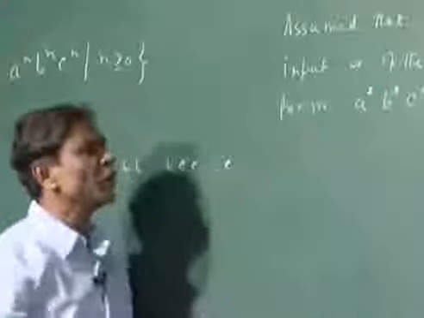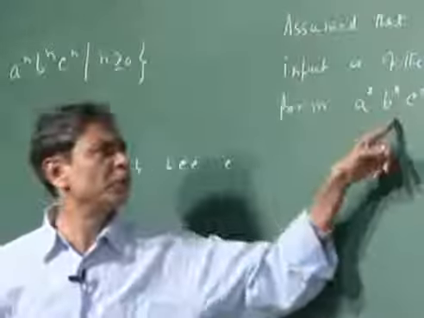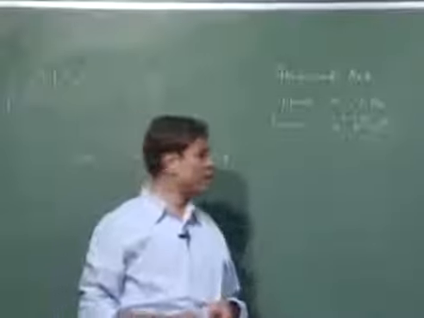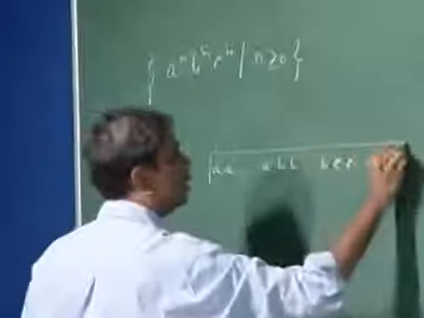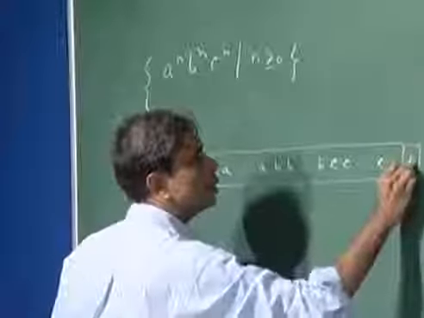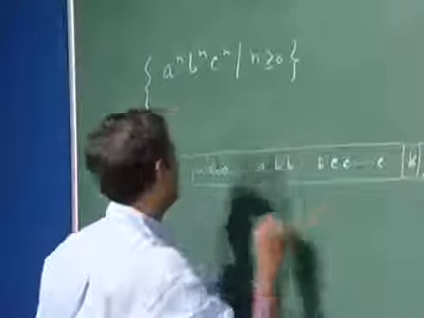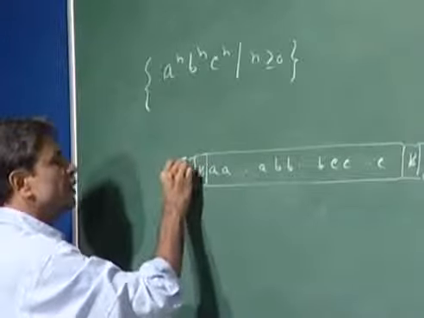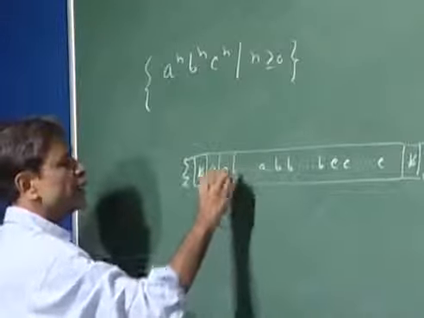That is, it has 0 or more A's to begin with, then 0 or more B's, then 0 or more C's. Okay. So, this is the tape of the Turing machine. Initially it will look like this.